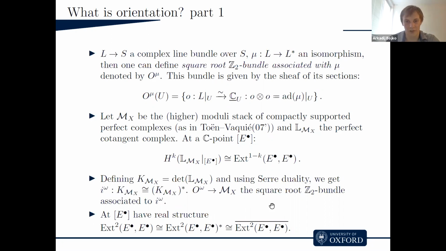So this is a rather technical definition, but what does this mean? So before that, I said that one has this duality on the second Ext group. Well, here I'm really assuming now that I have, no, it works. Yeah, so one has this duality of the second Ext group, which, choosing some metrics on these vector bundles in the complex, gives you an actual isomorphism to the complex conjugate, and this gives you a real structure.